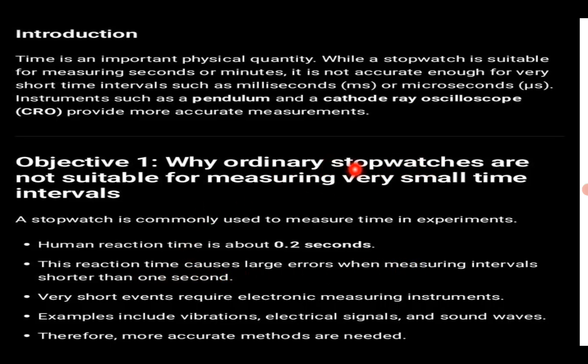That's where a stopwatch fails. So very short events require electronic measuring instruments. Examples include vibrations, electrical signals, and sound waves. Therefore, more accurate methods are needed. That's where we are going to explore the use of the pendulum and the cathode ray oscilloscope to measure very small time intervals.